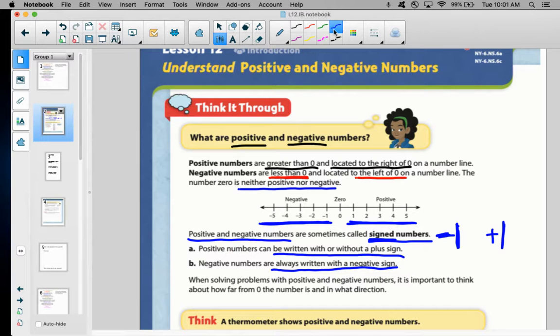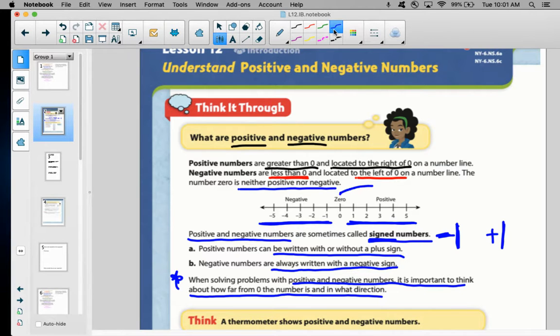So the important thing to note here before moving on is that when you're solving problems this week with positive and negative numbers, it's important to think about how far from 0 the number is and in what direction.